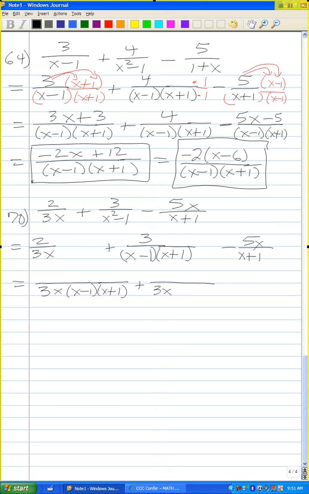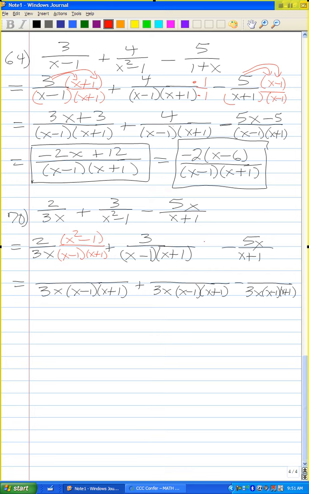And so, 3x, x minus 1, x plus 1. Okay, so let me multiply and divide by x minus 1, x plus 1, which is the same as x squared minus 1.